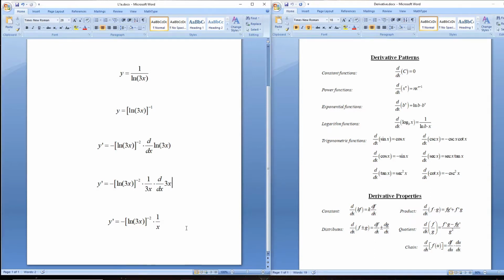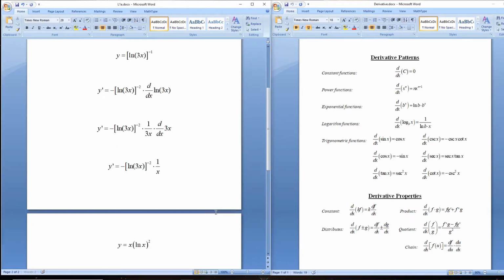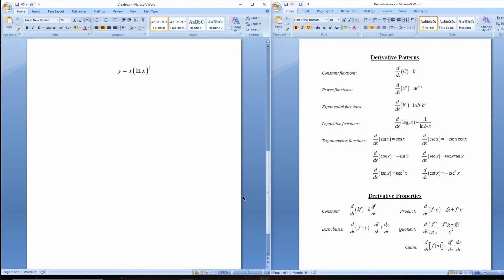So let's check out something a little bit harder. Well, x times the quantity log x squared. Check out this derivative. And what should you notice first? Well, we have a product rule here because we have a power function times another power function that has a log in it.